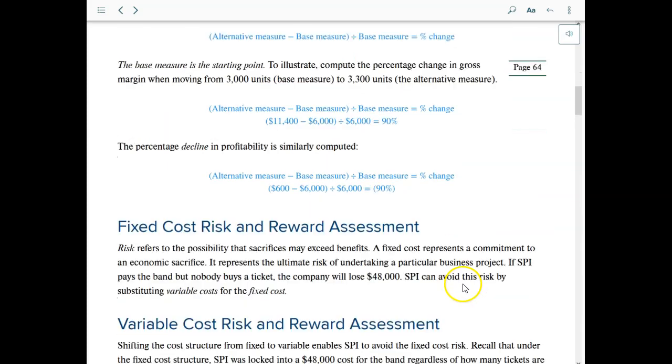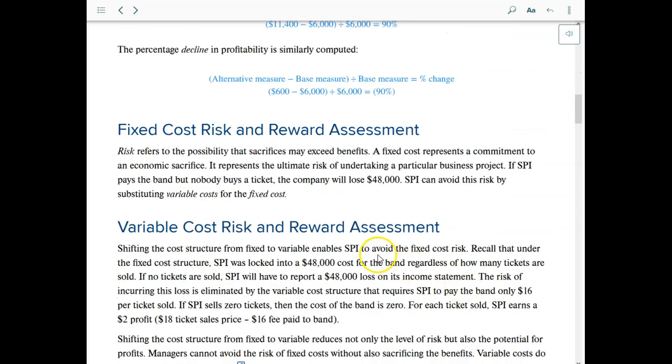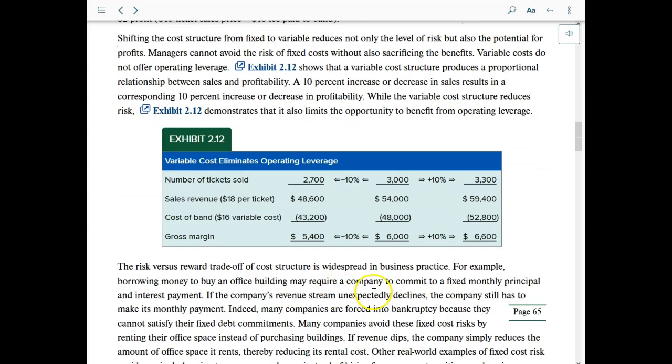So I'll let you read through this, and this is just saying that having fixed cost, there's a risk. Because if you don't make the revenue, you don't make the sales, you still have to pay for those fixed costs. So there's risk involved. One way to lower the risk is to have variable cost. Because if you don't have those extra units, you don't have those extra variable costs. So let's see how that works.